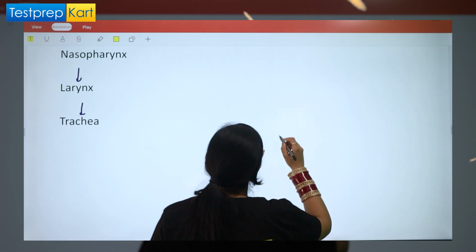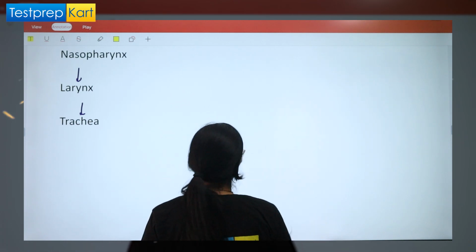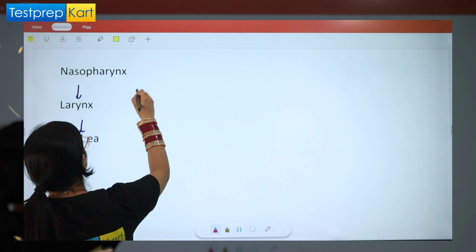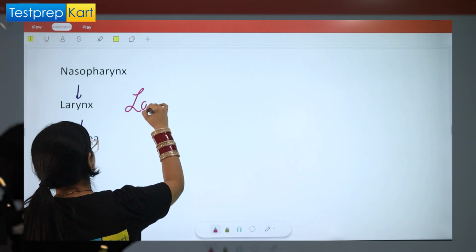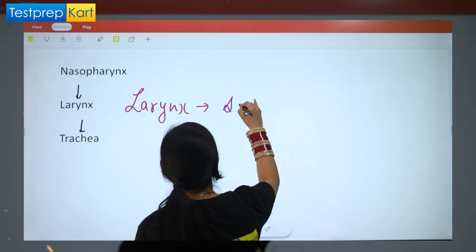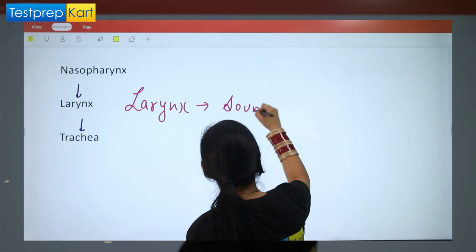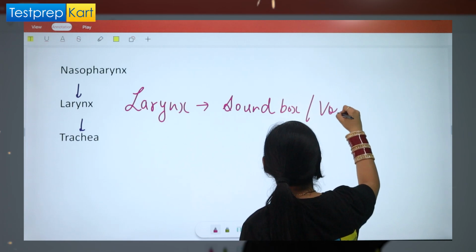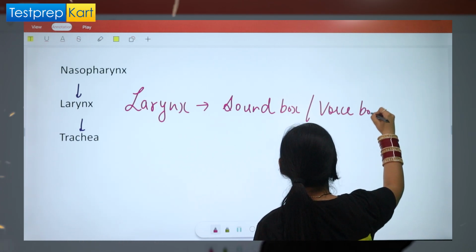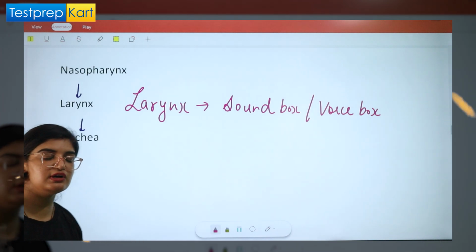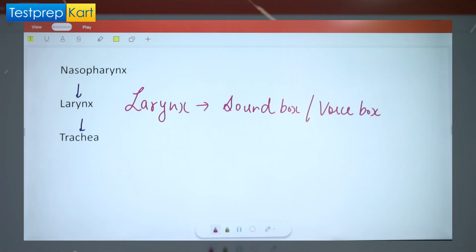And larynx is also covered by various types of cartilages, right? Larynx is termed the sound box or voice box because it has vocal cords which are meant for sound production.